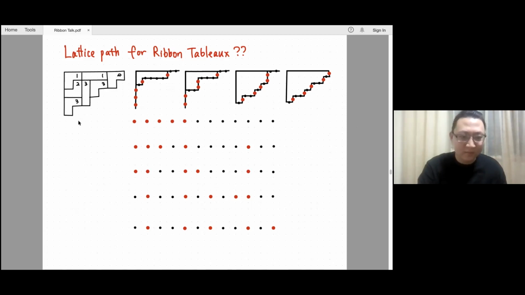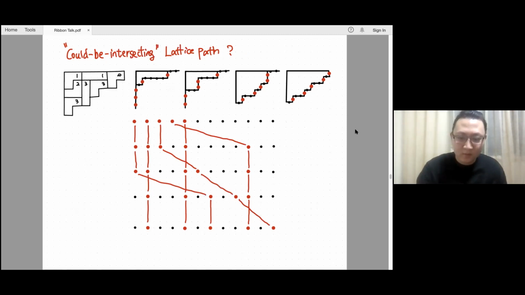So it turns out that the correct thing to do is that you allow to go up or left by a multiple of 3. This is a 3 ribbon tableau, so we allow them to move to the left in steps of multiples of 3.